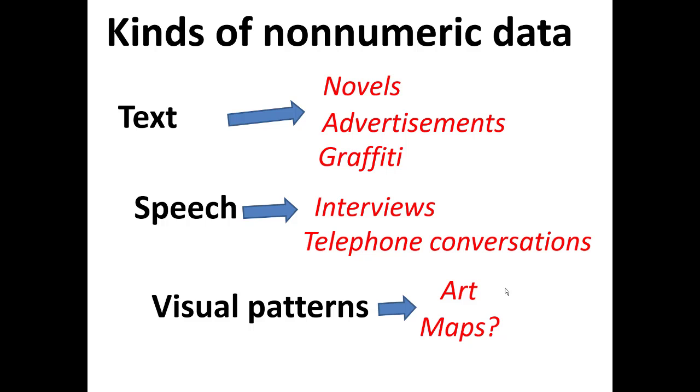So they're amenable to being coded for the features that they contain. What else? Graffiti also will often have visual patterns in it, in the sense that it's not text, but instead it's a drawing of, I don't know, a flop-eared rabbit or whatever.